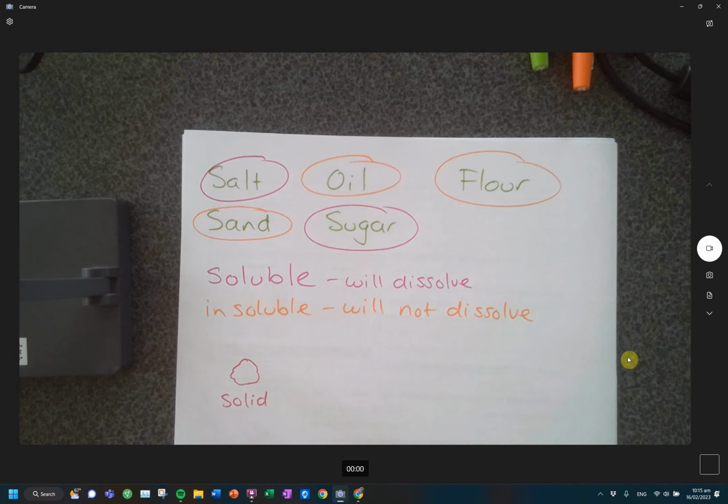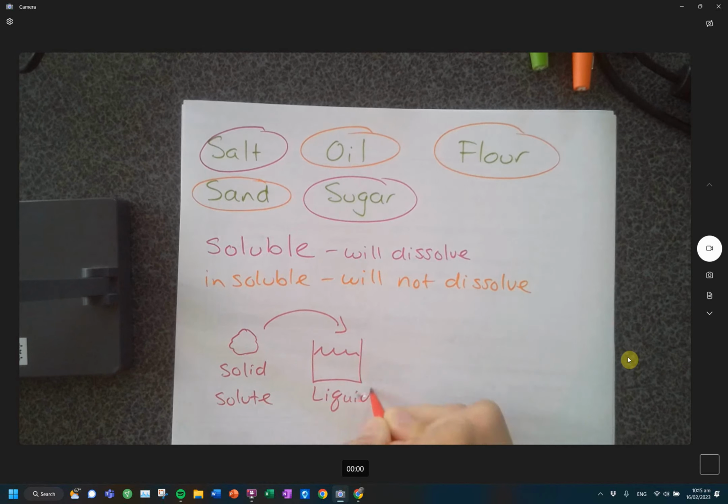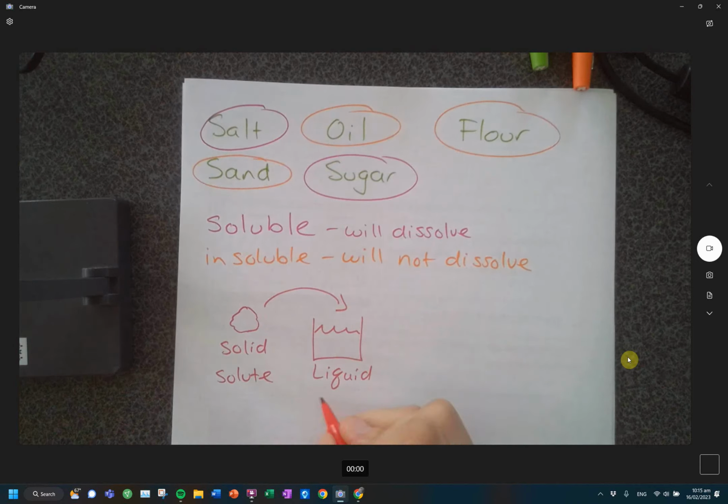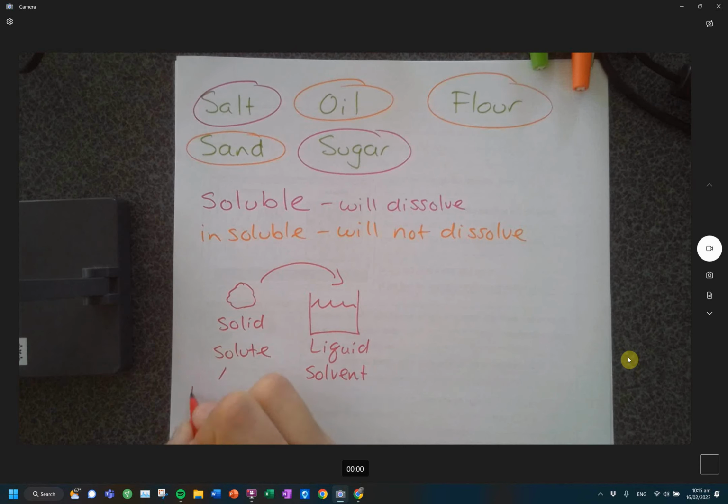that is known as our solute. And we mix that into, say, a beaker with some liquid. And our liquid would be known as the solvent. So solute is what's being dissolved.